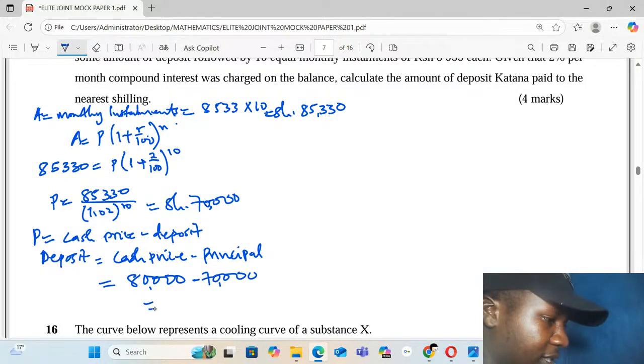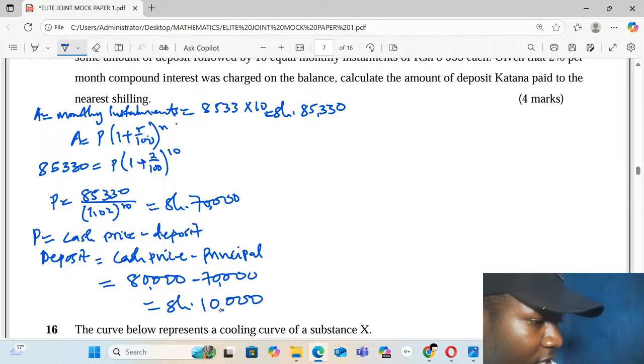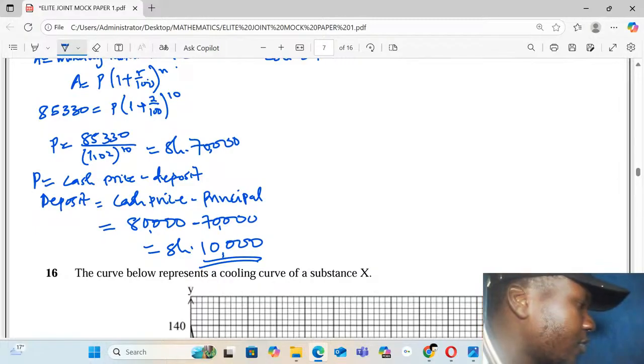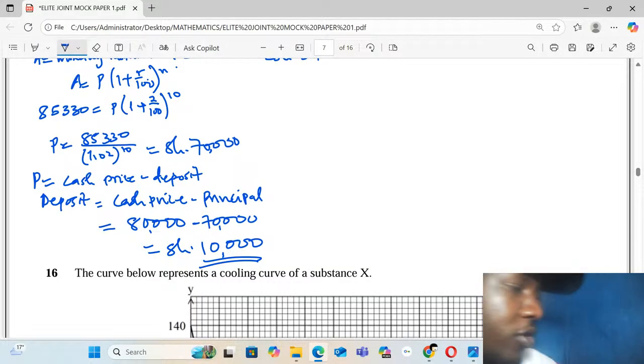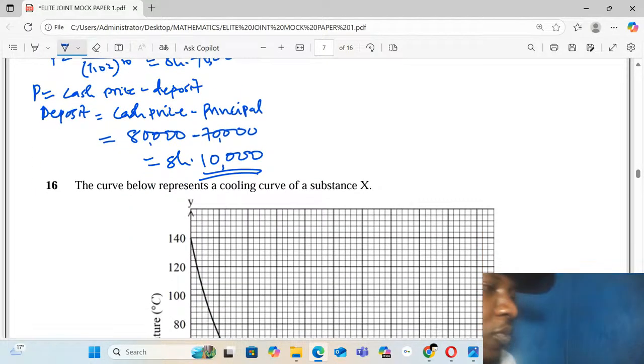So it's 80,000 minus 70,000, and you get your answer as 10,000 shillings. So that is the amount of deposit Katana paid to the nearest shilling. That is the answer.